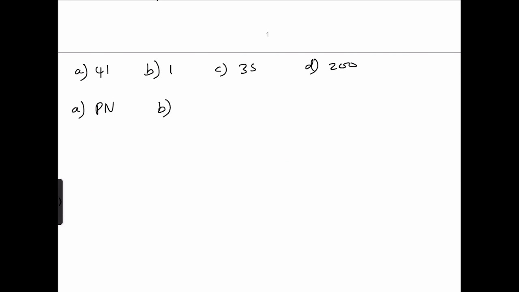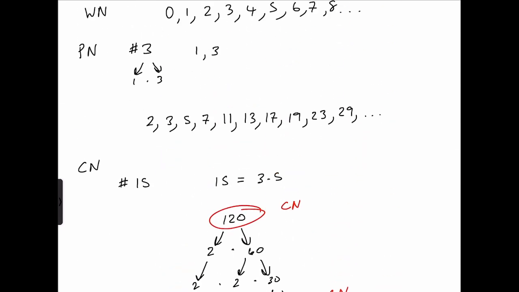B, number 1, natural number because it's a counting number. And in our case, number 1 is neither a prime number nor a composite number. So it has to be greater than 1 to be a composite number. It has to be greater than 1 to be a prime number.